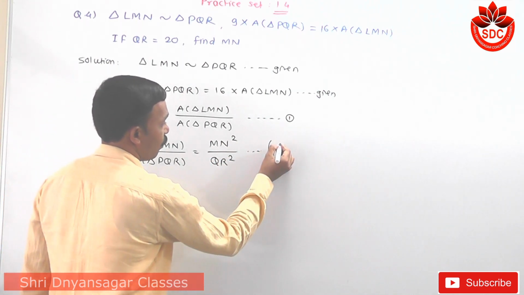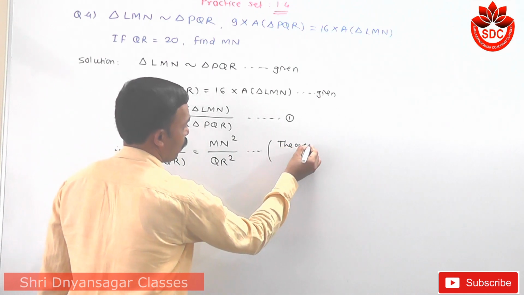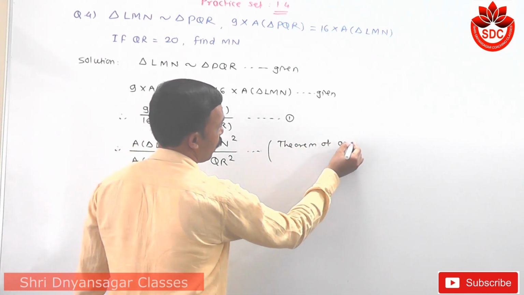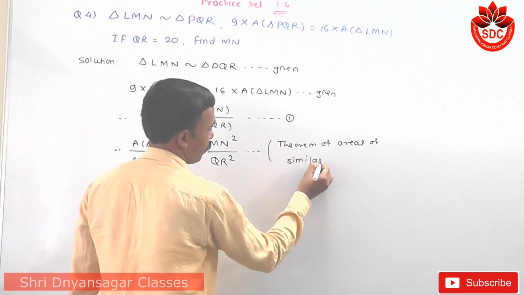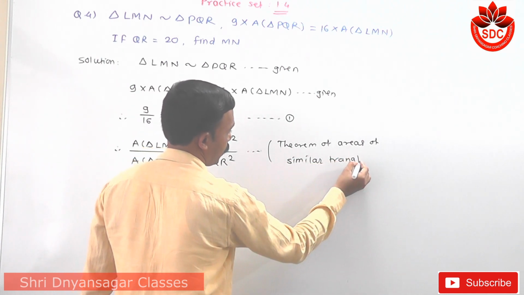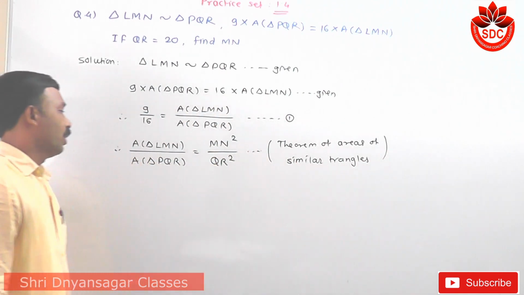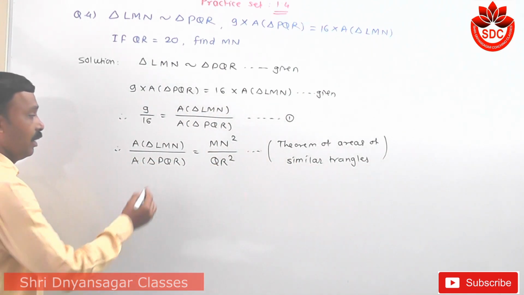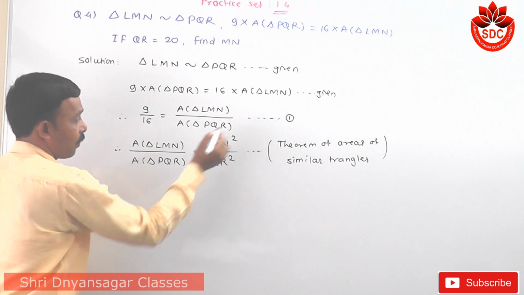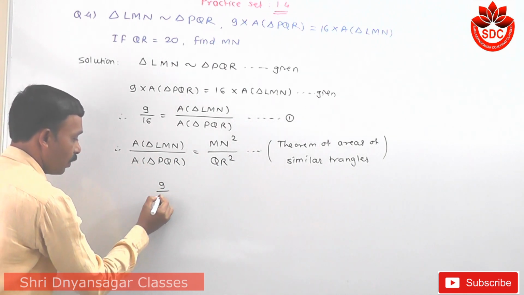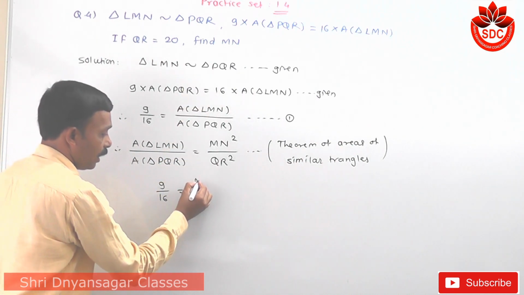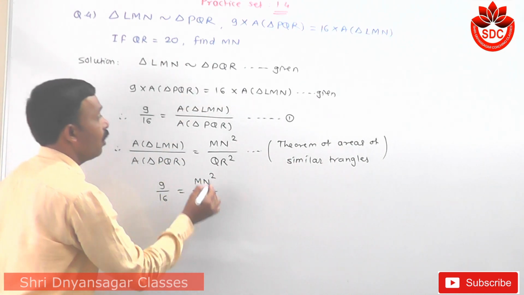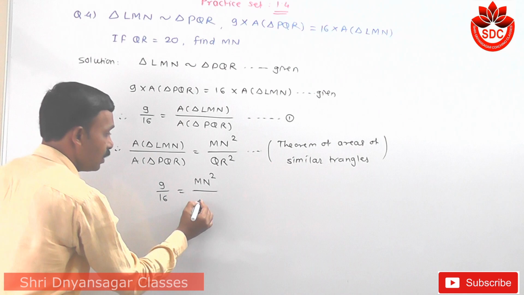The reason is the theorem of areas of similar triangles. Now we substitute the values. From equation number 1, 9 upon 16 is equal to MN square upon the value of QR, which is 20 square.